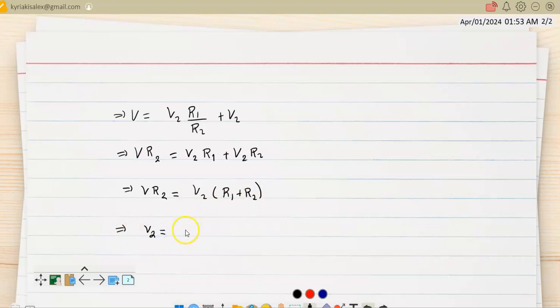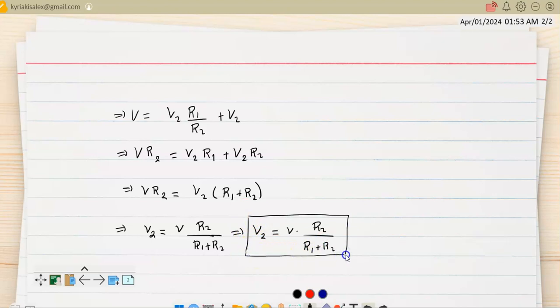I solve with respect to V2. V2 equals V times R2 divided by R1 plus R2. This is the voltage divider to compute the voltage applied to the resistor R2.